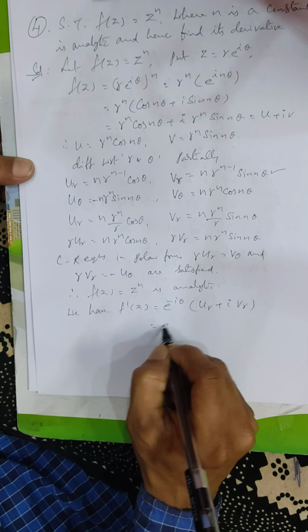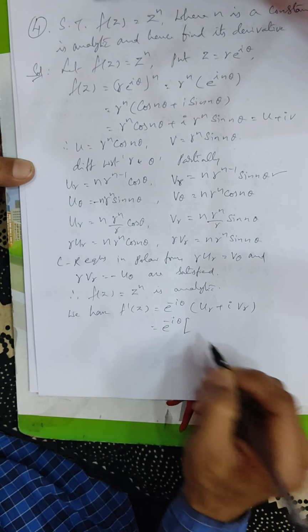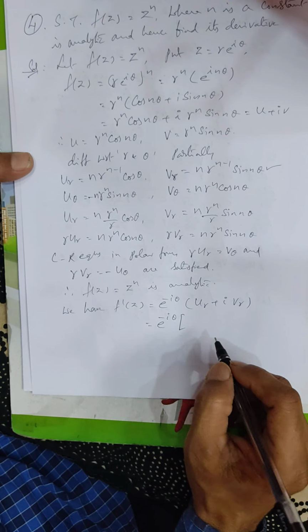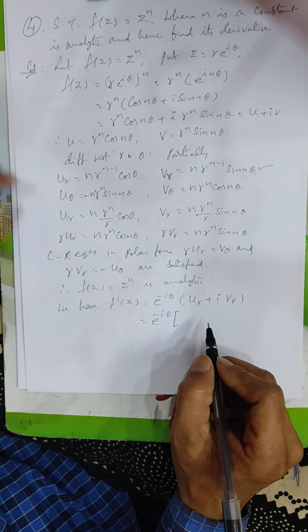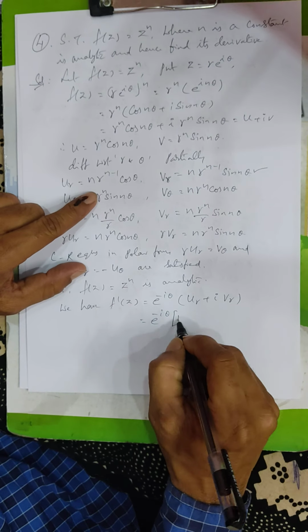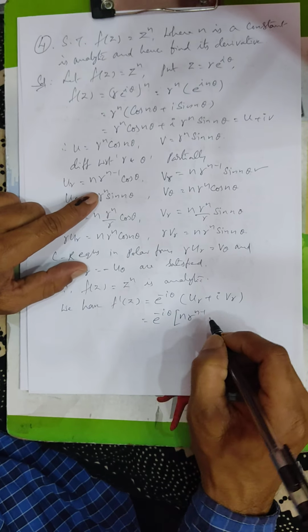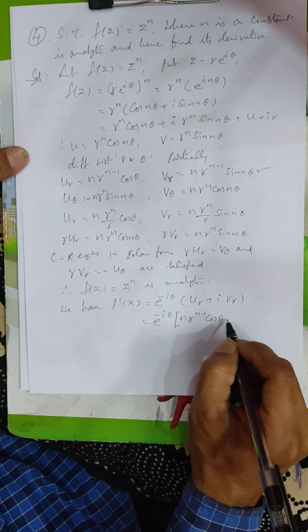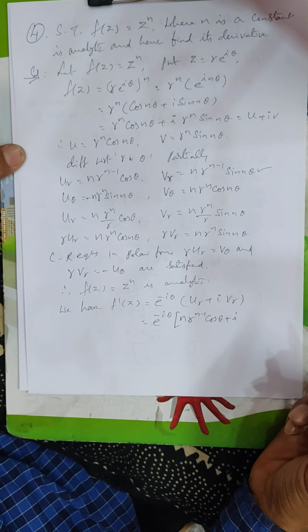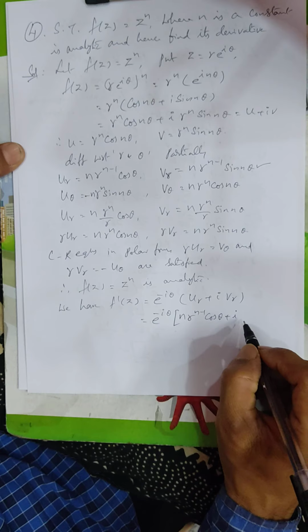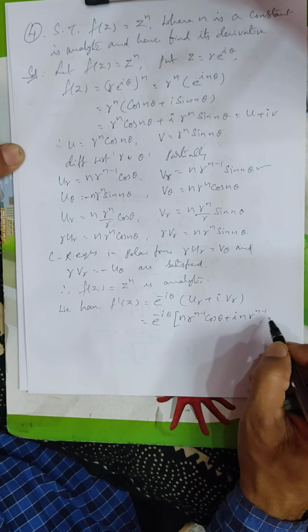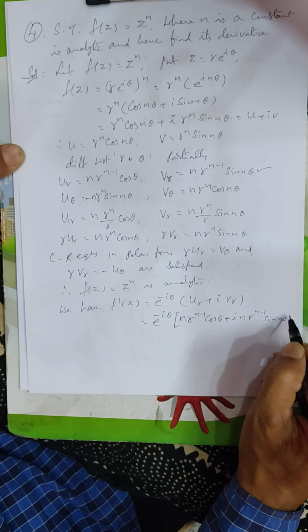So that is equal to e power minus i theta into dou u by dou r. What is dou u by dou r? That is u r, n into r power n minus 1 cos n theta, plus i into dou v by dou r, n into r power n minus 1 into sin n theta.